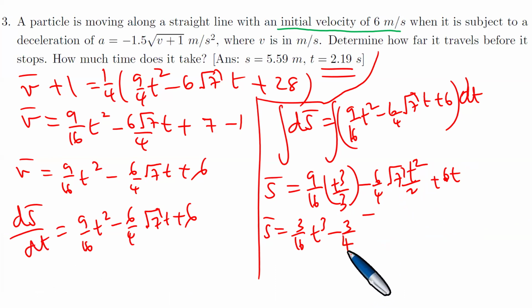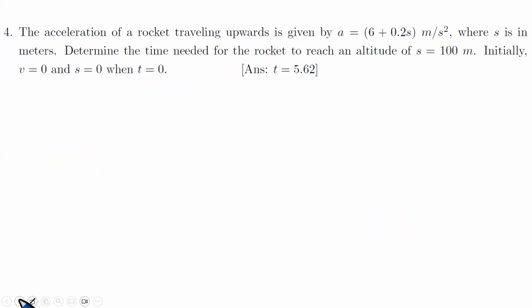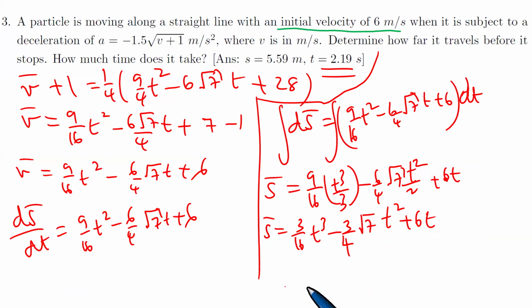Okay, so it's 3 over 4, because this is 3 over 2, dividing 6 and 4, but there's a 2, giving us a 4. Times the square root of 7, t squared, plus 6t. Okay, check.